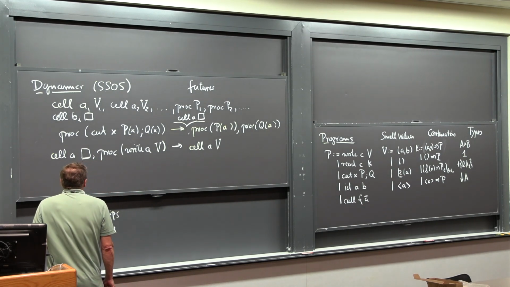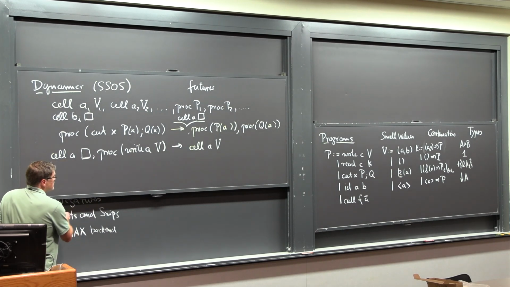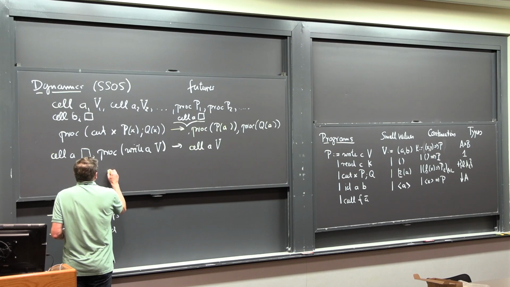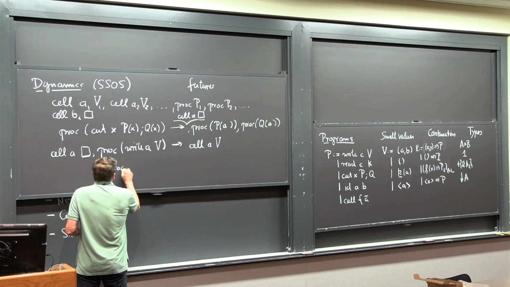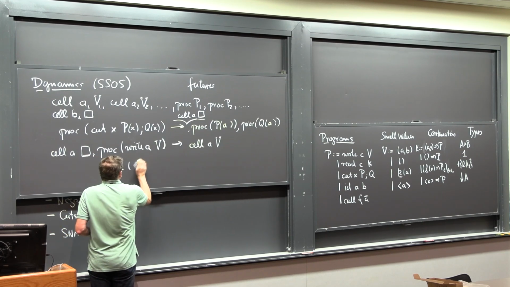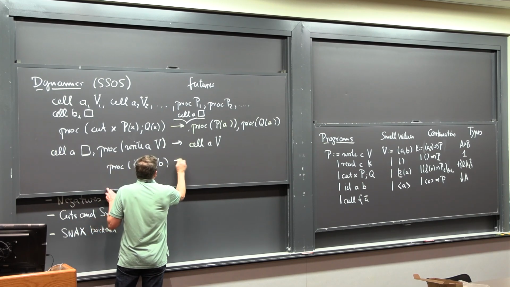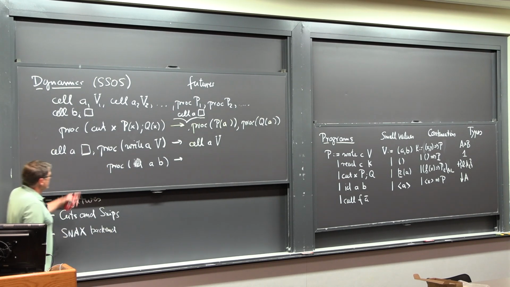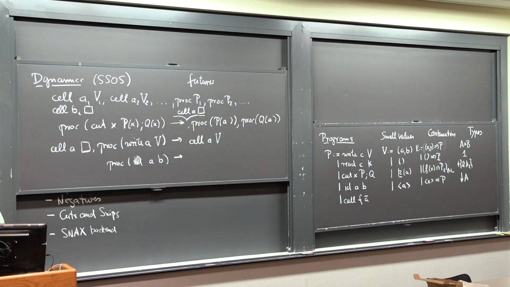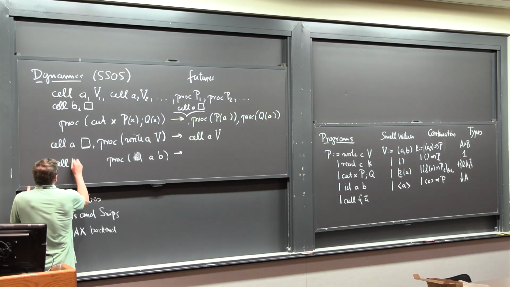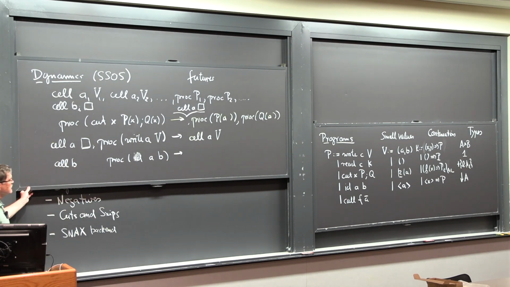Thanks. Okay. Let's see, how about a read? Or let's do identity. Okay, so if I have a process, let's see, identity for A from B. Okay, so what do I need over here? I need a cell B. And what does it contain?